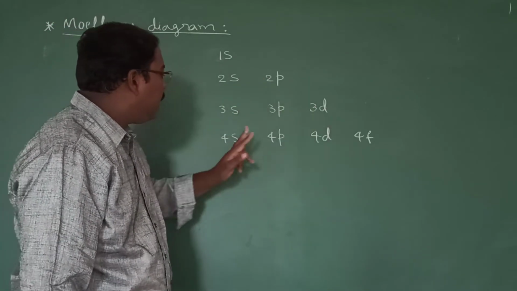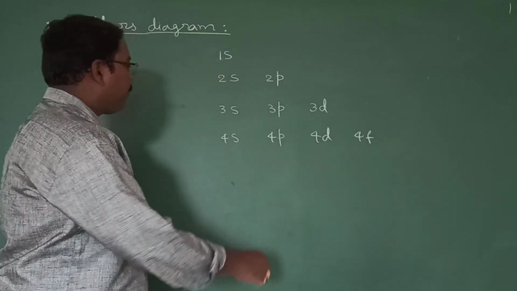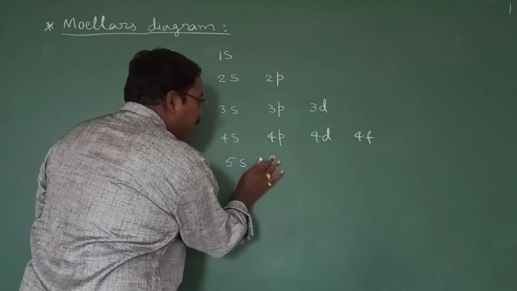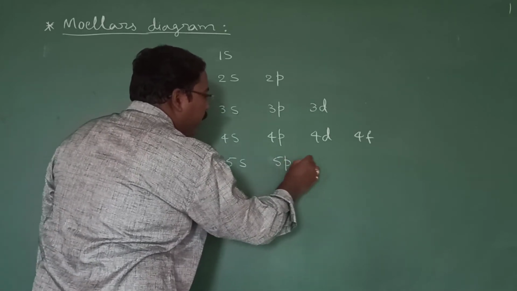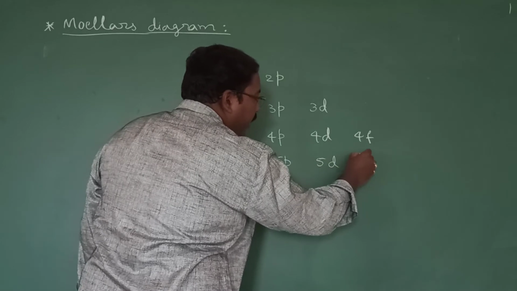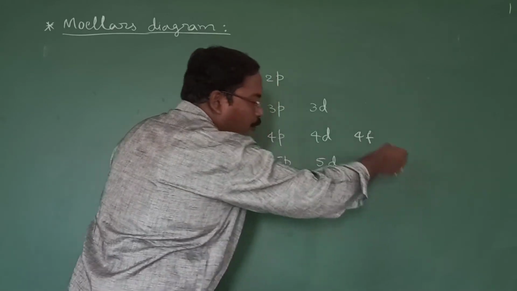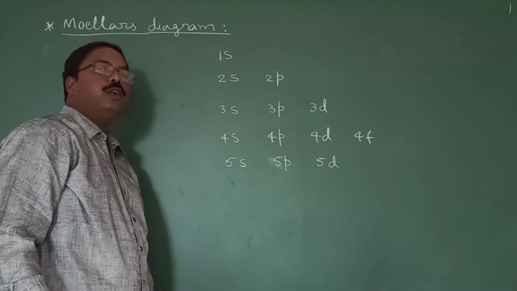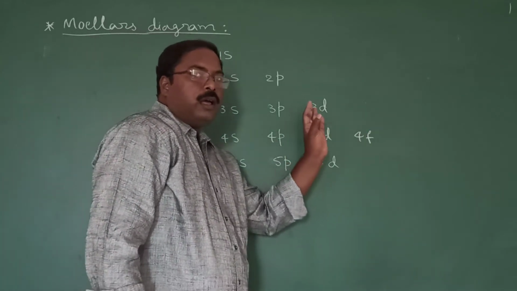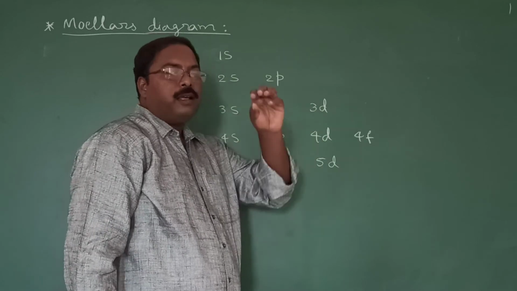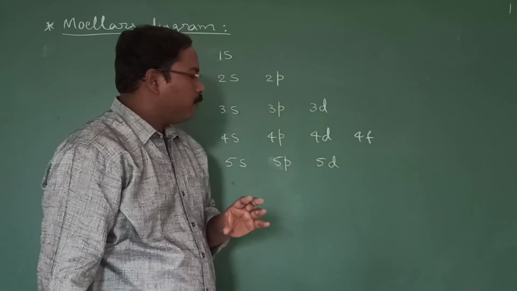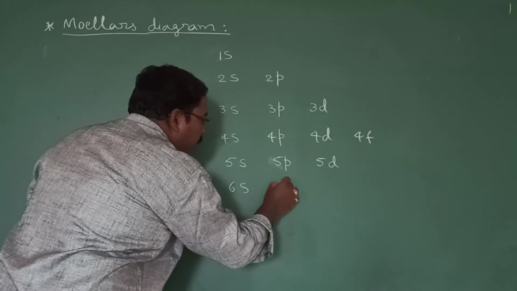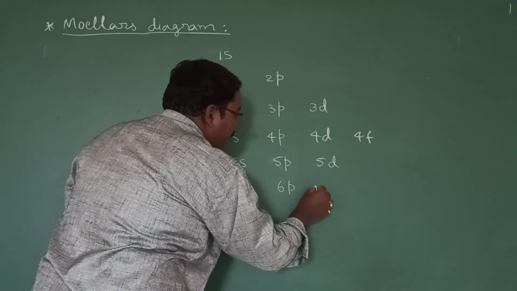Next spd. Next spdf. Now coming to the fifth orbit, we will get 5p, 5d, 5f, 5g also. But I am not writing all this. As I told you, filling up to spdf only is enough for all these known elements. So, from the diagrammatic point of view, I am drawing like this.